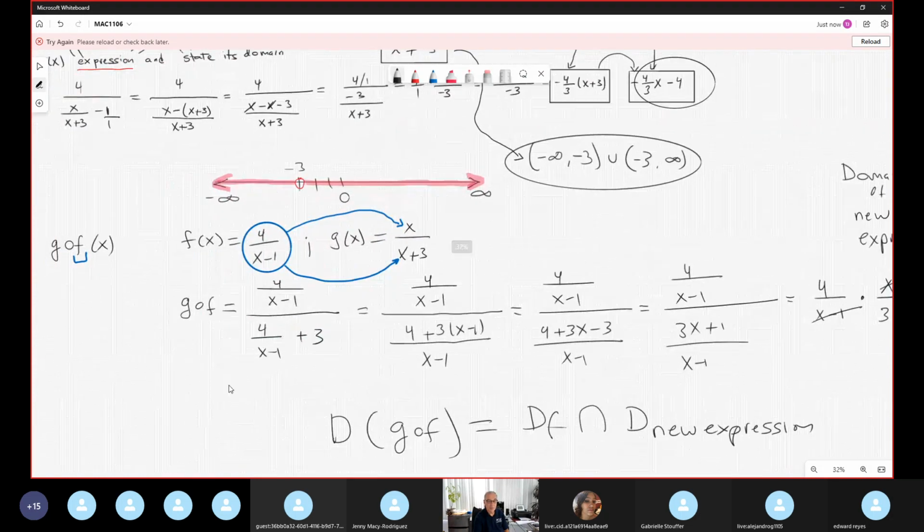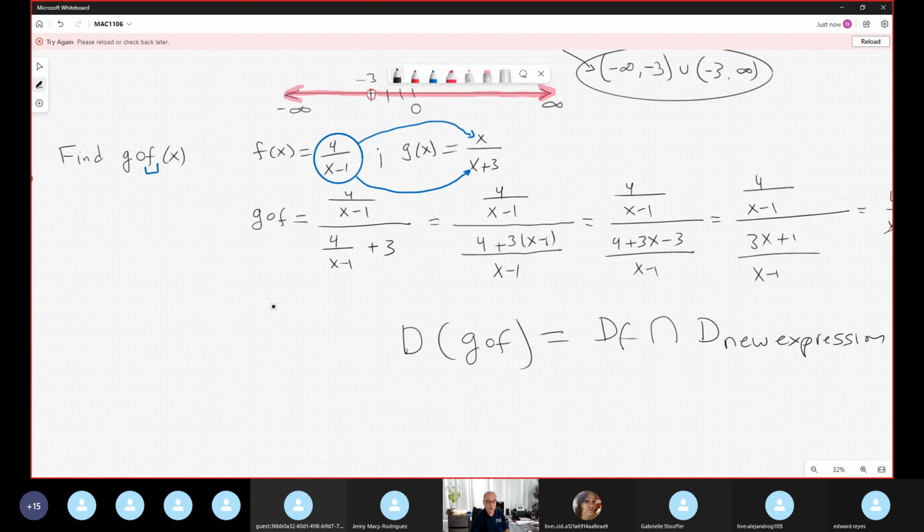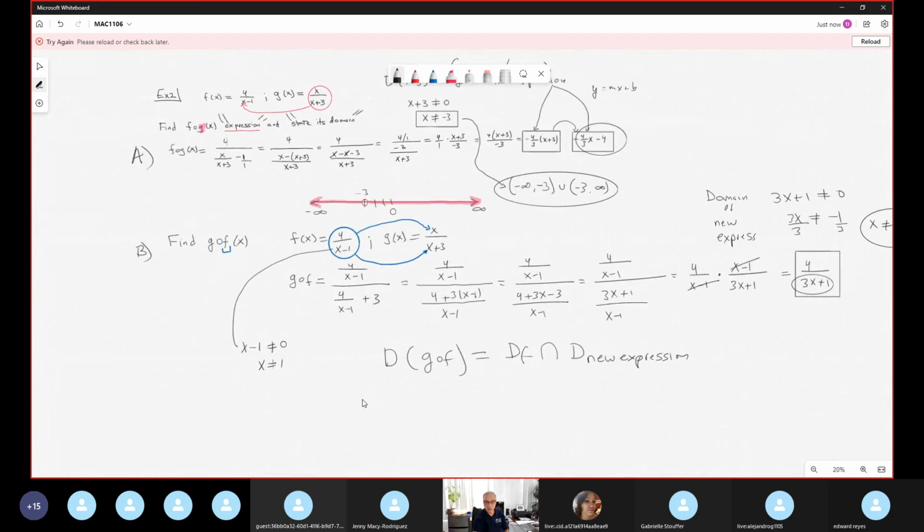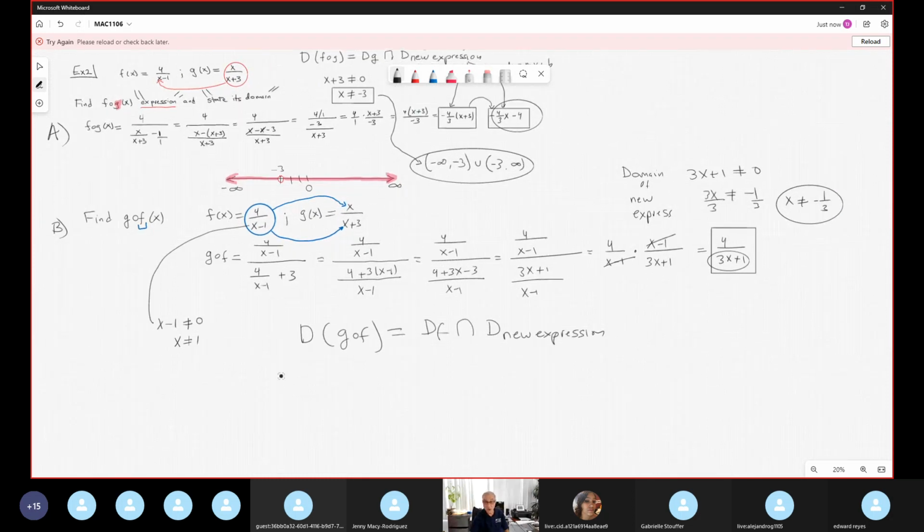It's obvious. The expression in the denominator is x minus 1, not 0. Therefore, it's not 1. 1 is the bad guy. So the domain of this is all real numbers except 1. And this is all real numbers except negative 1/3. So what is the domain? It's all real numbers except negative 1/3 and positive 1.